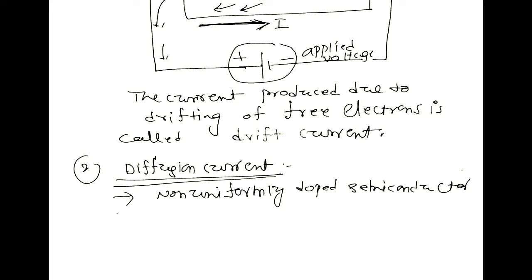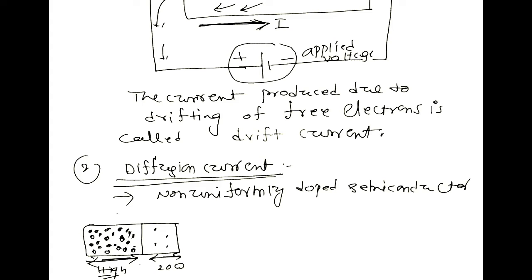That is, doping is not equal throughout the semiconductor. Suppose I am taking a semiconductor bar and dividing it into two parts. Here doping is very high, suppose I am taking donor impurity. Doping concentration is very high in this area, whereas in this area doping concentration is low.